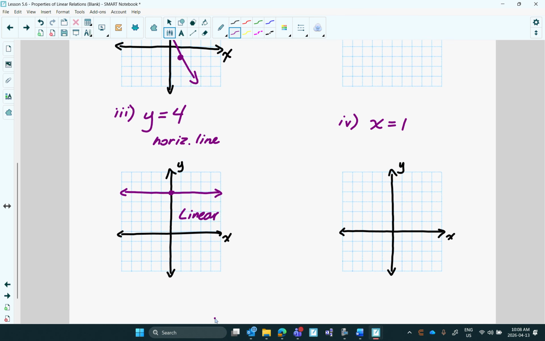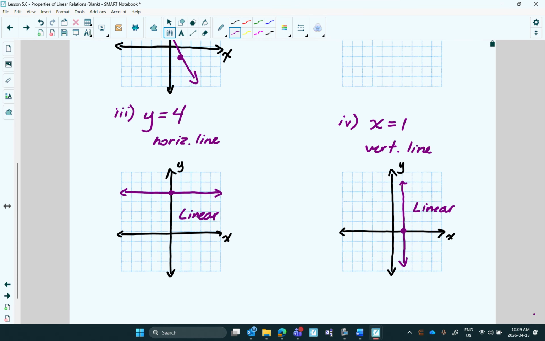One on the X. And then draw a vertical line. Linear or not? Remember, if it's just an X, vertical line, always. Just an X, vertical; just a Y, horizontal; both X and Y, slanted.